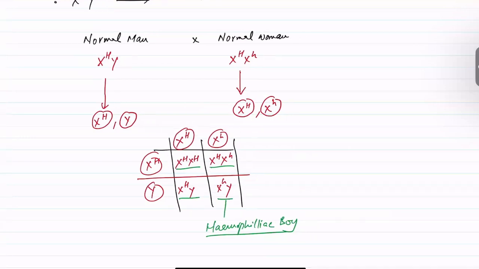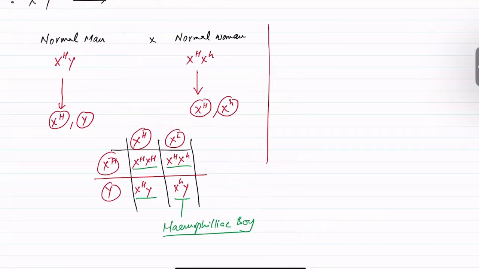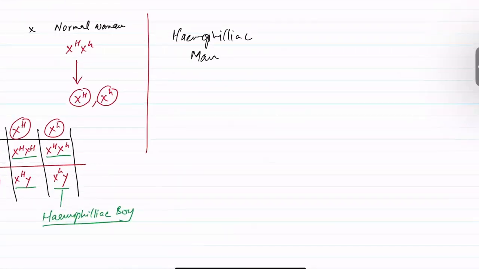If we reverse this cross, now a hemophiliac man is married to a normal woman, what should happen?